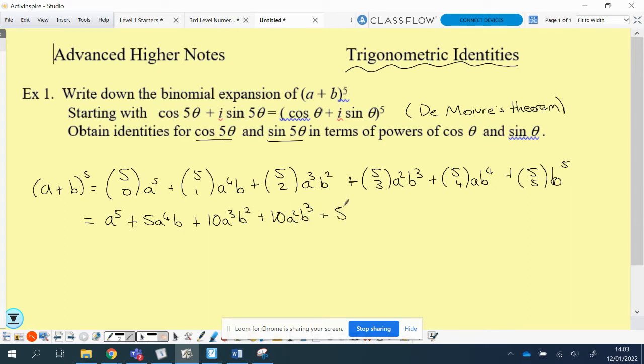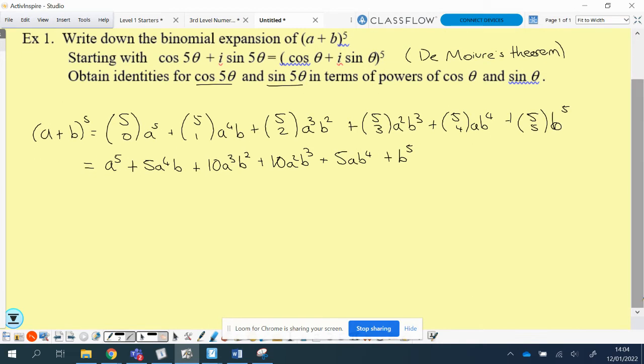Then 5 a b to the power 4, plus 5 choose 5 is 1, so b to the power 5. So that's the binomial expansion for a plus b to the power 5, which we've seen before, so that shouldn't be anything too new for us.